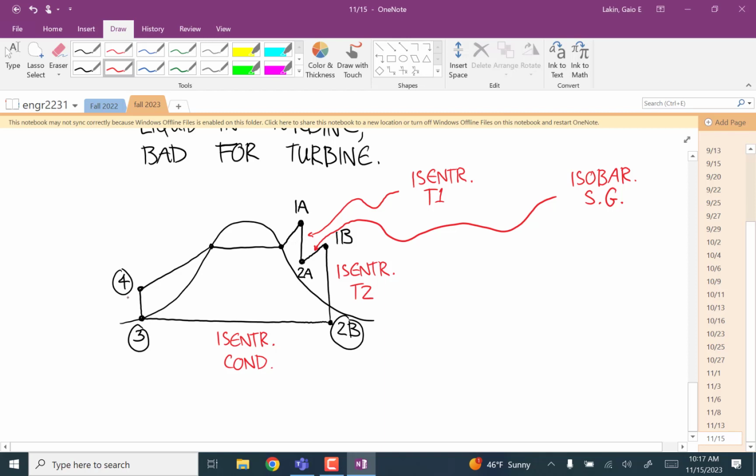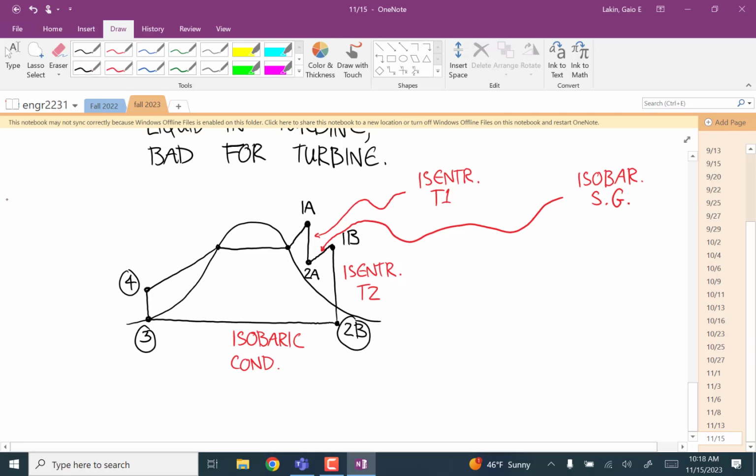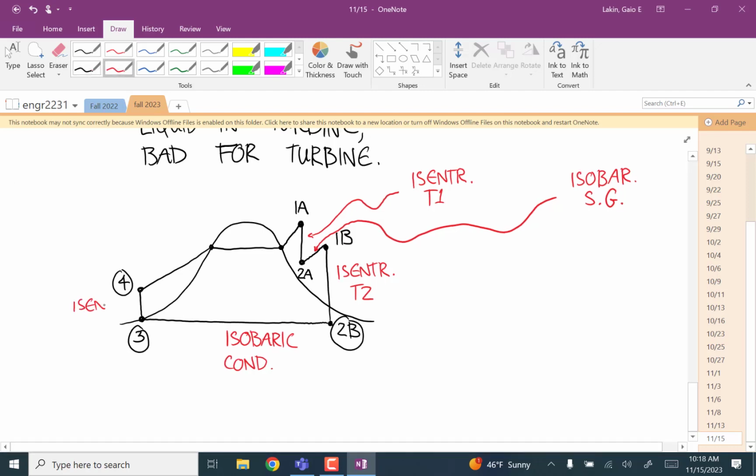And from 3 to 4, that can't be isentropic, that's isobaric. Sorry, isobaric condenser. You can't have an isentropic process if there's heat transfer.